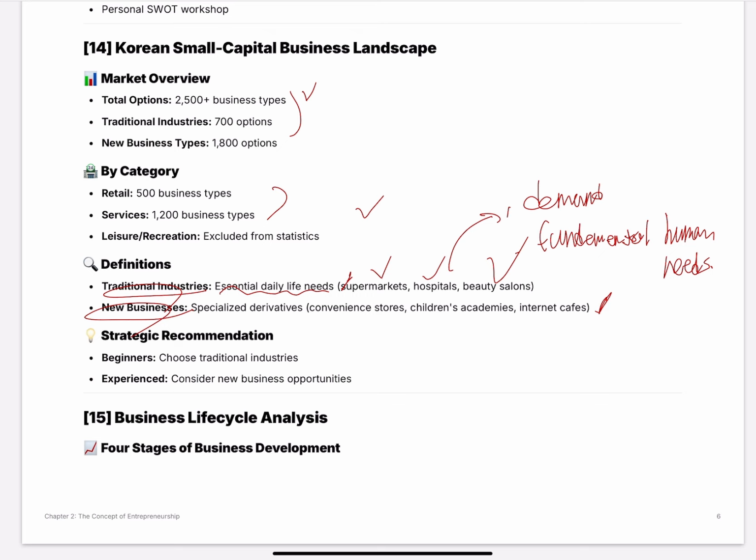So here is my strategy recommendation. If you are a beginner entrepreneur, seriously consider choosing a traditional industry first. Why? Because the demand is proven. These are two reasons why beginners choose the traditional industry.